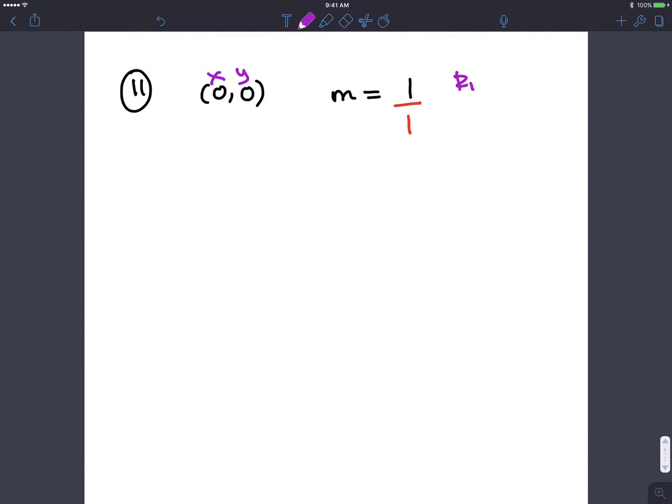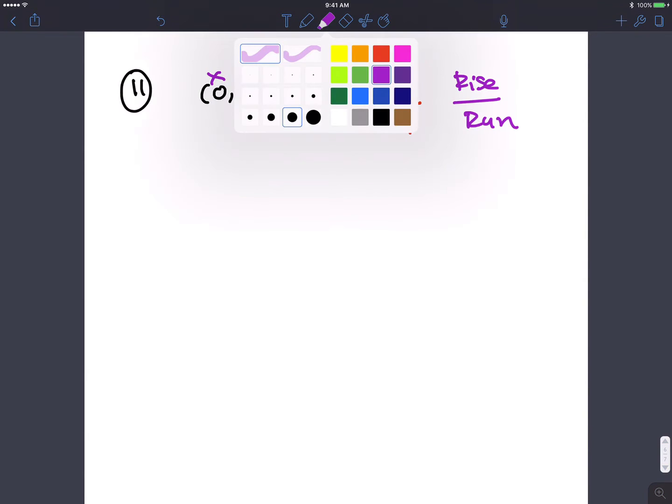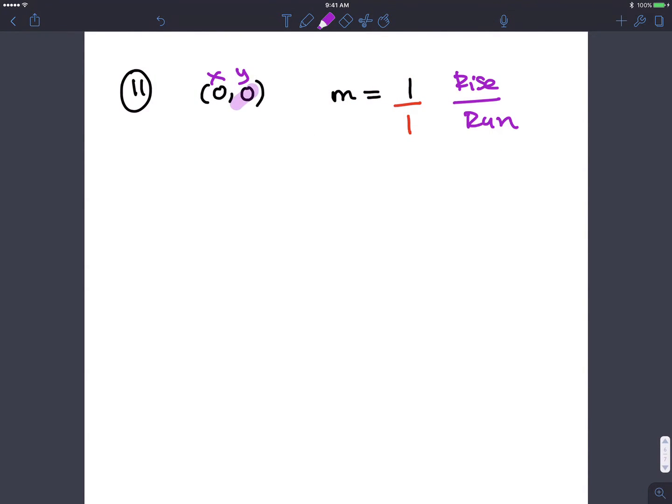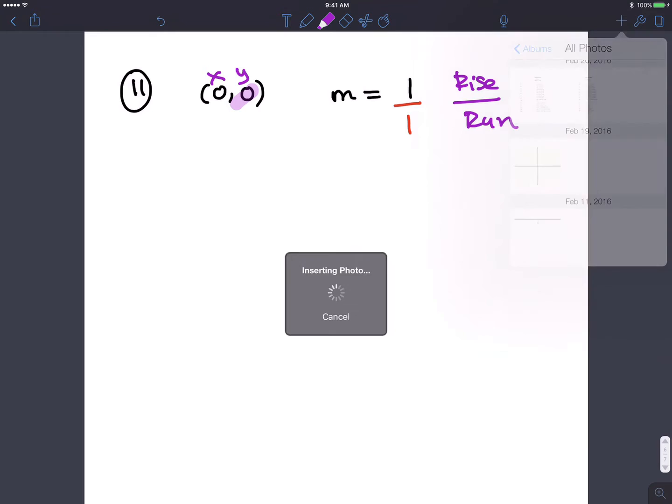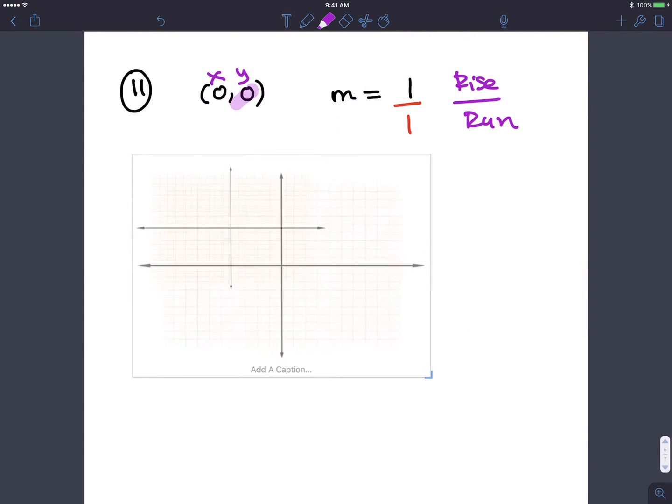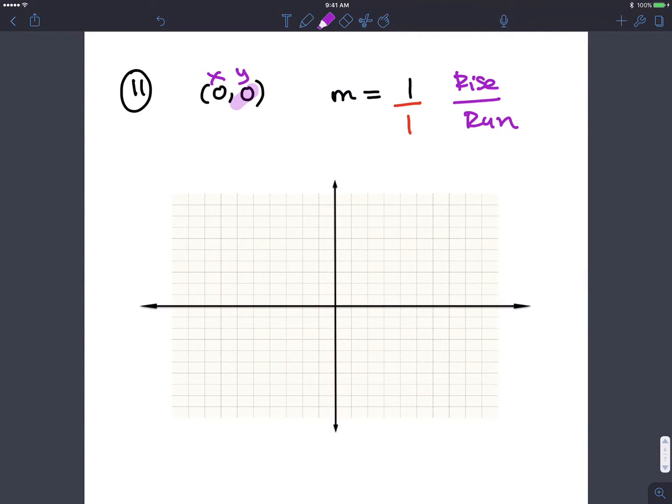So I have a rise of 1 over a run of 1. Our y-intercept is at 0 on the y-axis. That happens to be the origin. So let's actually plot and see where we are.